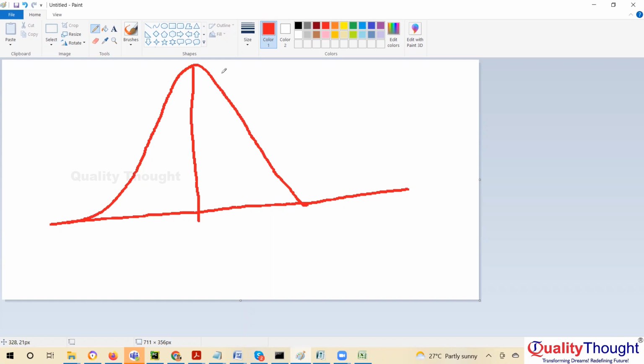So the area this side is the same as the area this side. The middle line equally divides this bell curve into two halves. And in this case, your mean, your median, and mode will be on the same line here.